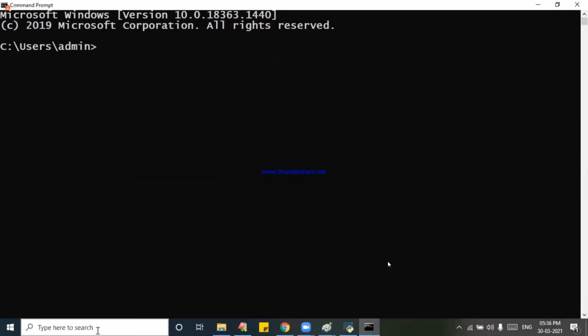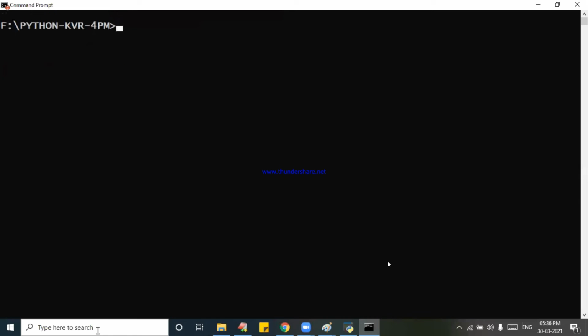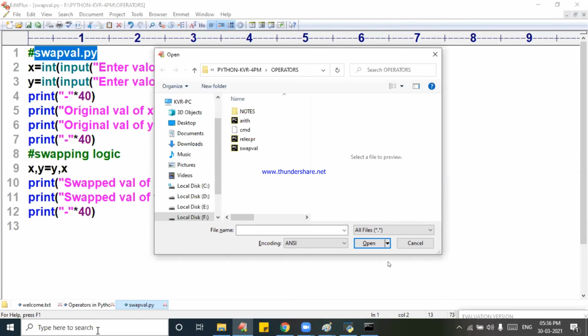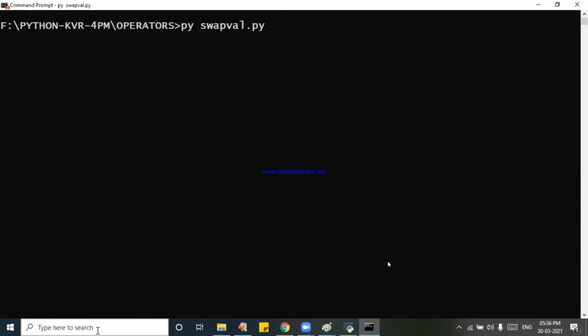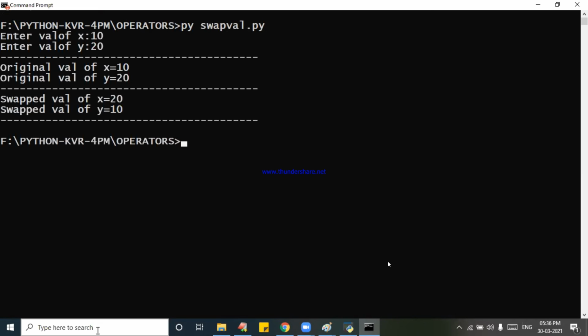So I am saying f colon, Python, operators, and there you say py swap_val.py. Enter the value of x, 10, y, 20. I got 20, 10. This is one logic which we already did.